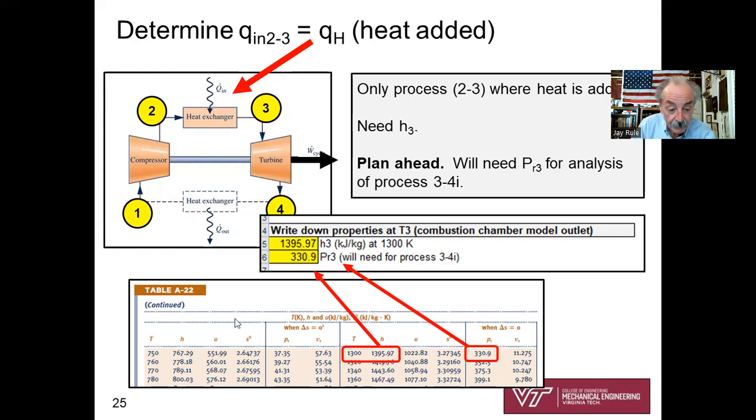So we'll just go to our table A22, 1300 degrees K, write down 1395.97 kilojoules per kilogram. And looking ahead, we're going to study process 3 to 4I, the turbine isentropic process. So we might as well write down PR is 330.9.